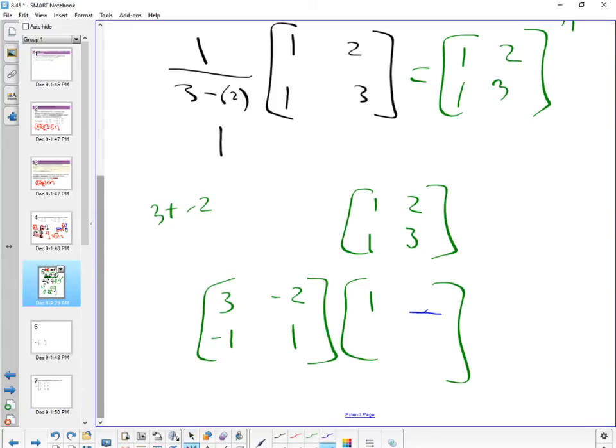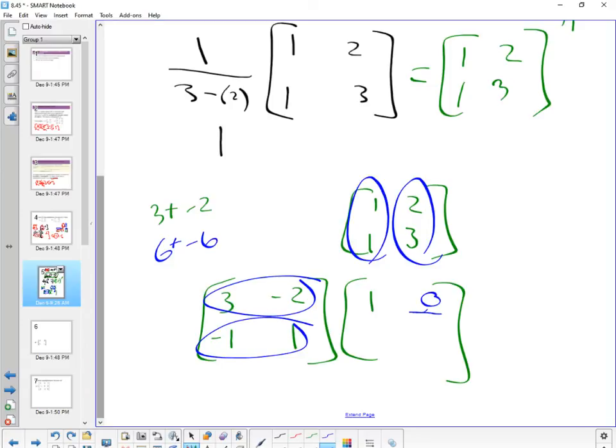Then we have 6 plus -6, 0. Then we have -1 plus 1, 0. And then finally we have -2 plus 3, 1. So yes, there they are.